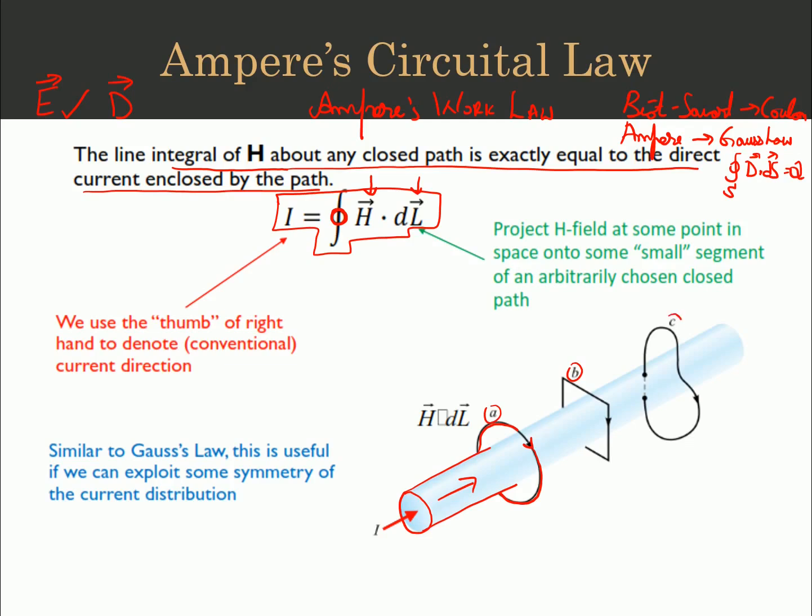But if we come to point C, we can see that it is following a closed path in the form of a pie, but it is not entirely closed because this portion is inside the conductor, represented by these dotted lines.